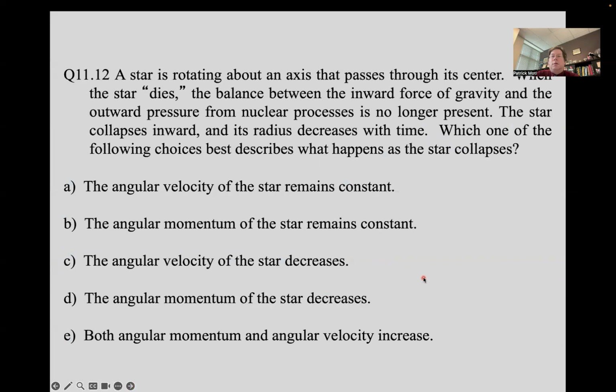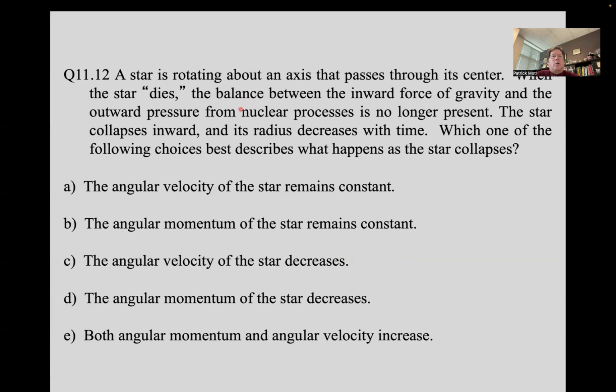All right, and then more of an astronomy setting. The star is rotating about an axis that passes through its center, and that star dies. The balance between the inward force of gravity and the outward pressure from nuclear processes is no longer present. So nuclear fusion makes the core hot, and that hot plasma exerts pressure.